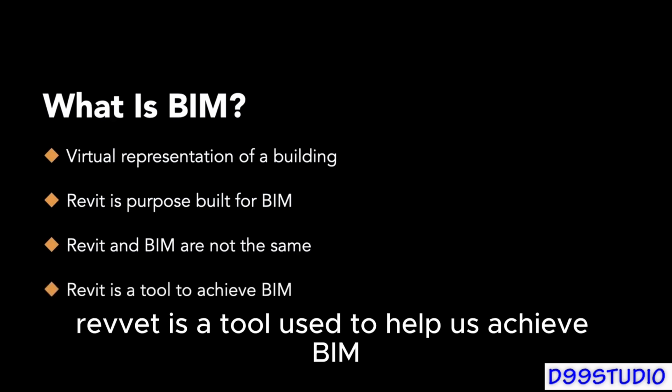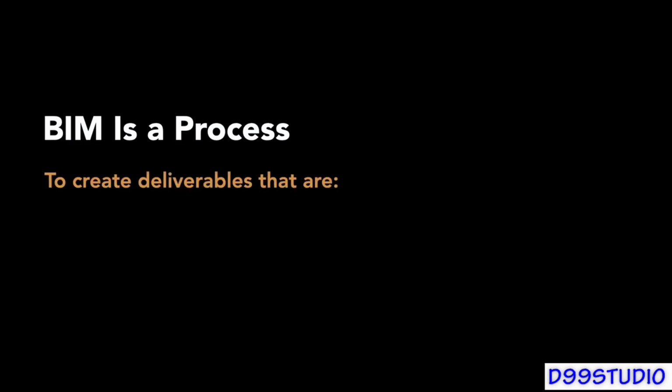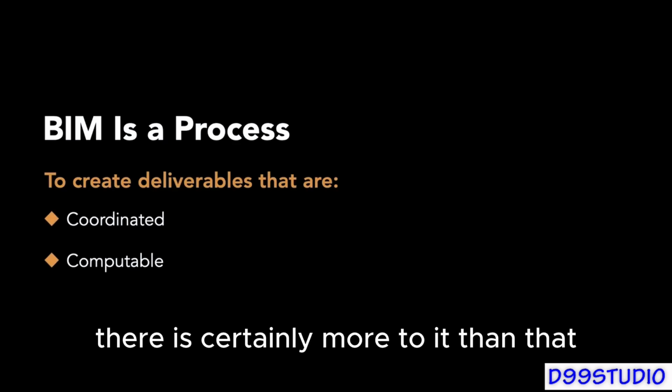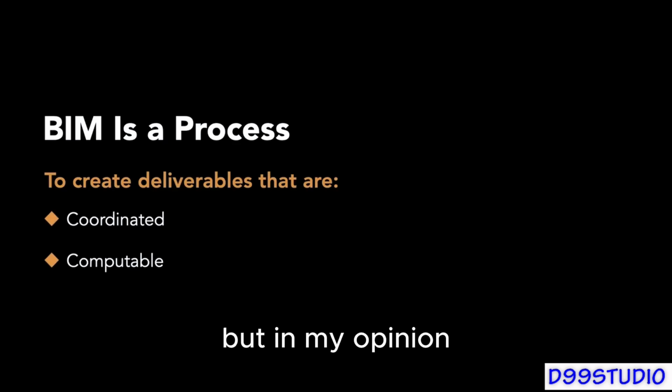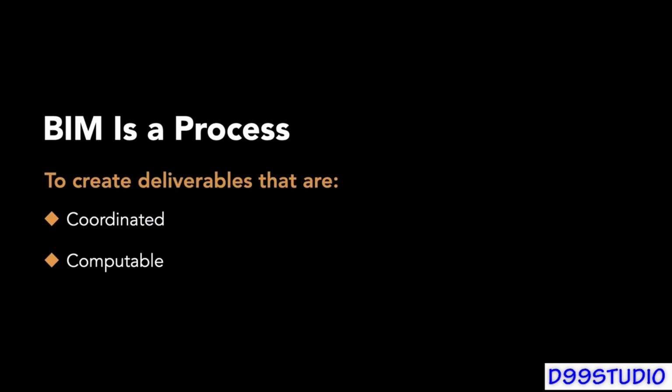Revit is a tool used to help us achieve BIM, and BIM is a process that we follow to create building model data that is essentially two things: coordinated and computable. There is certainly more to it than that, but in my opinion, these are the two most important tenets of BIM.